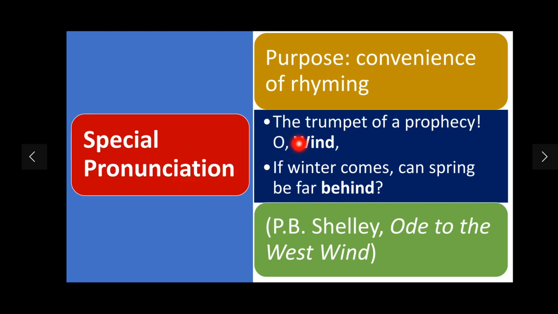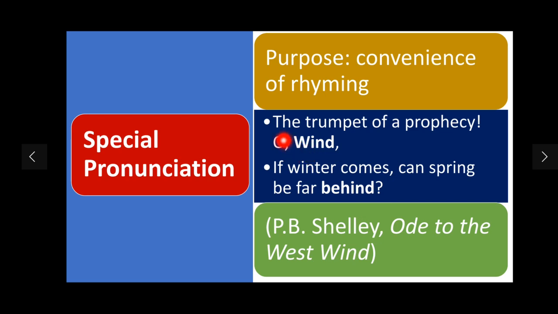Now you can see here, "The trumpet of a prophecy! O wind, if winter comes, can spring be far behind?" Here "wind" is pronounced as "wined". So in order to rhyme this "wind" with "behind", we will pronounce this "wind" as "wined".